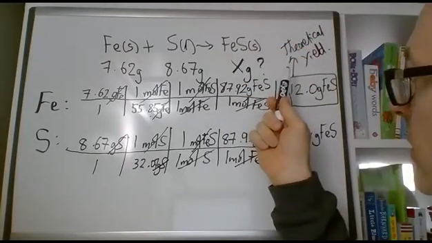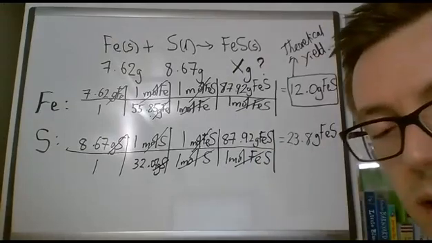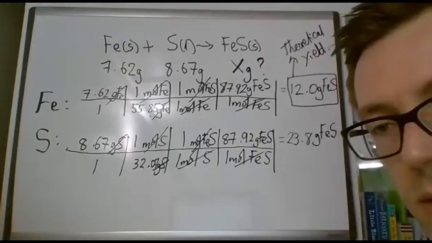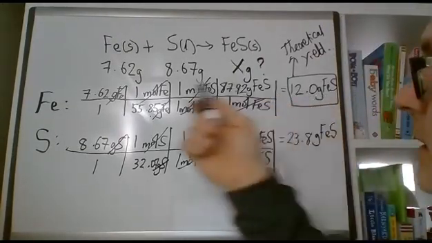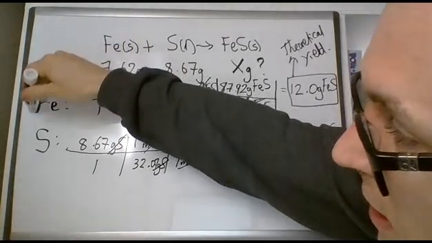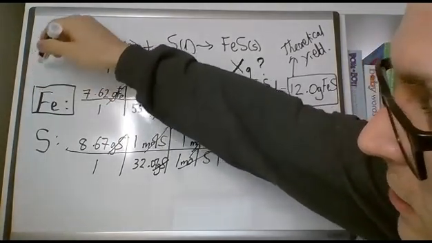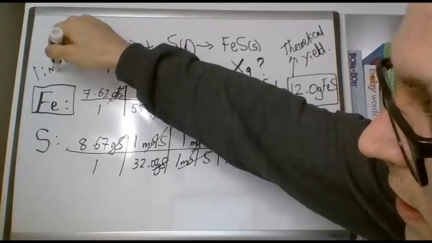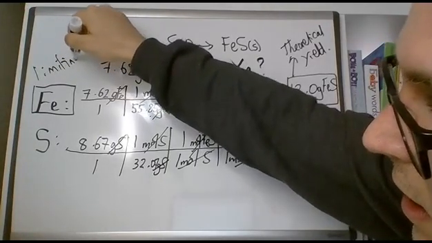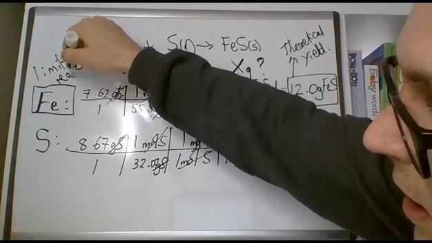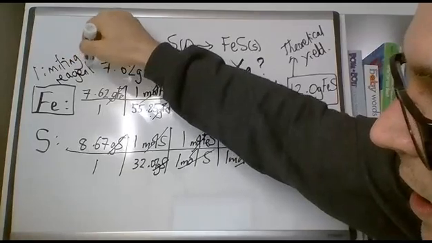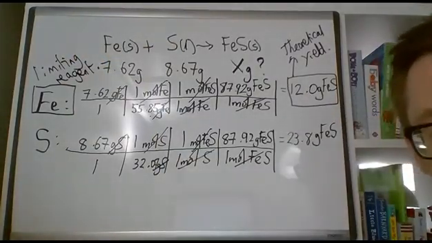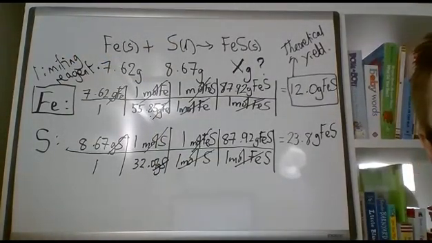Theoretical yield is always the smallest of the two values, or however many values you have. The theoretical yield always comes from the limiting reagent.